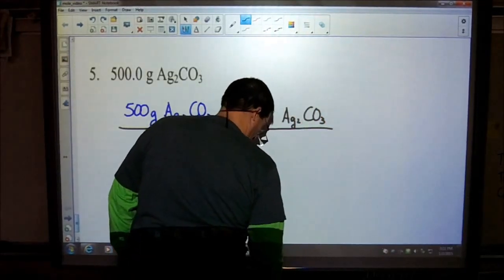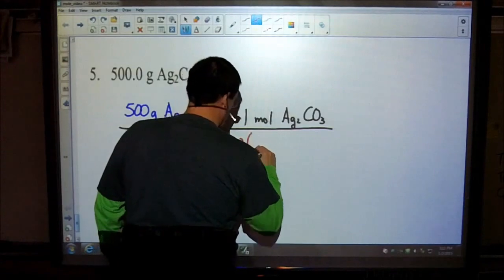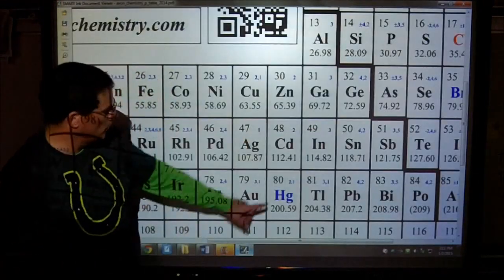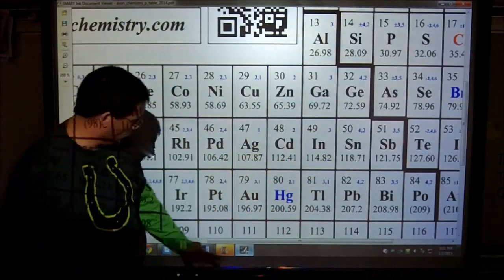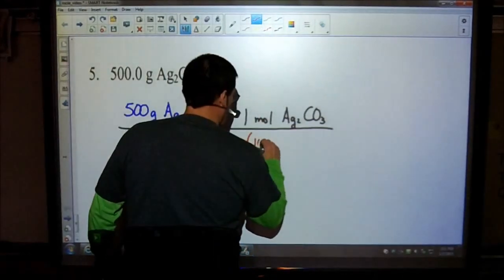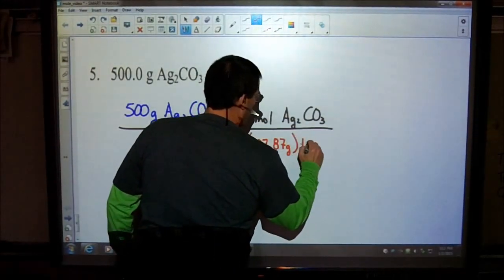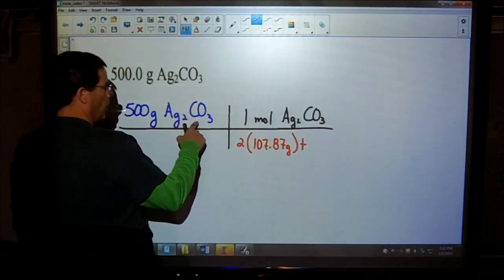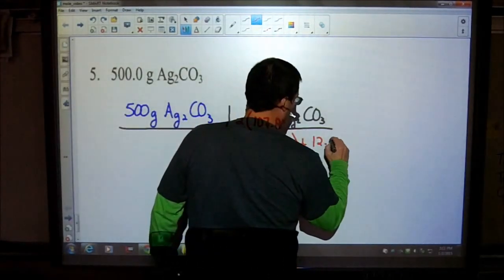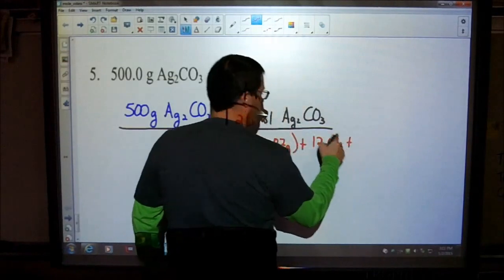So we need to find the molar masses. So we have 2 silvers, which is 107.87 grams. Plus we have 1 carbon, which is 12.01, plus 3 oxygen.